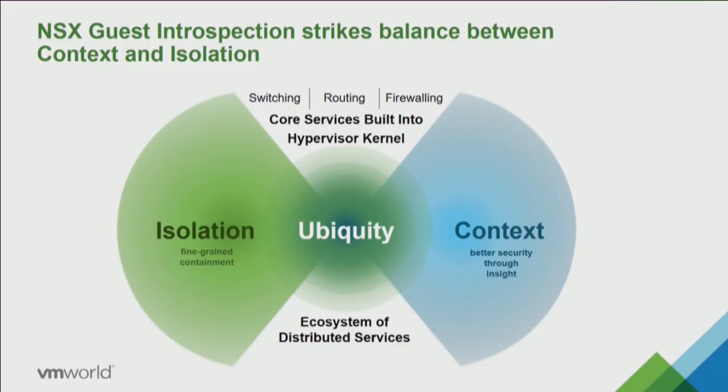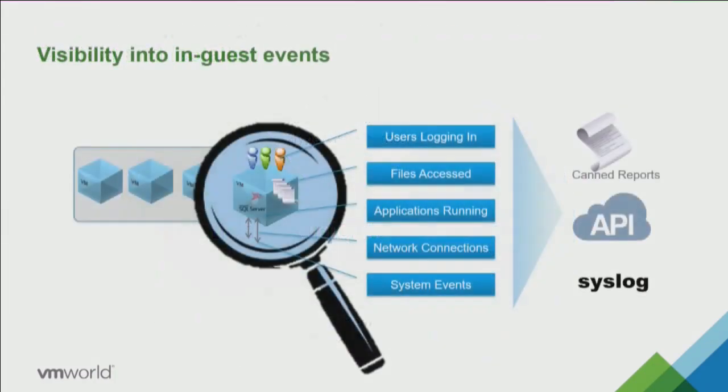This is what we used to call the Goldilocks zone, which was actually the name of App Defense before it became App Defense. This is where we're applying these services. This is where guest introspection goes, this is where network insertion goes, and it really is unique in the marketplace, which is why we're so excited about offering it and always adding more partners.